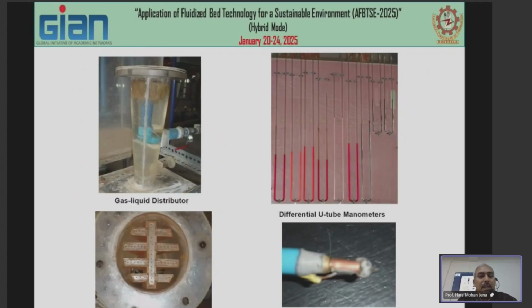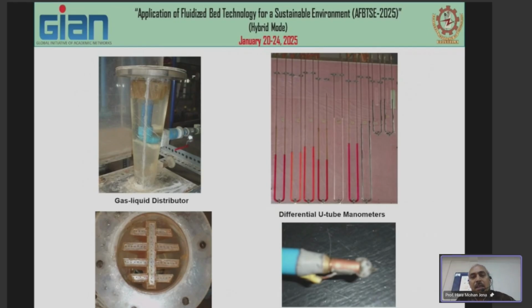So the gas liquid distributor is like this. It consists of one air sparger. It is an antenna type air sparger with small holes. The sparger generates smaller gas bubbles, or gas jets, which when in contact with the liquid take the form of bubbles.